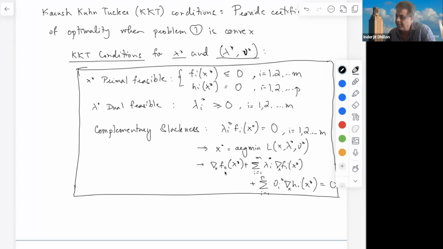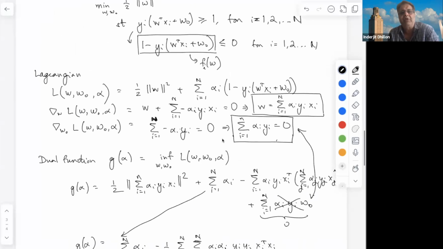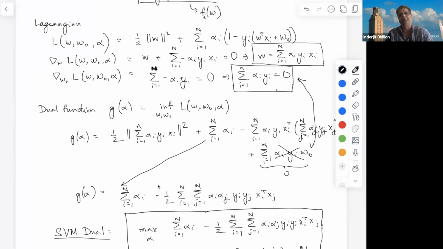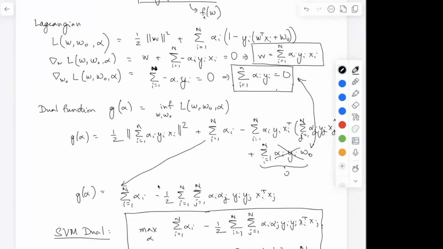So that's what I did over here. I took the gradient with respect to w and I set it to 0. And then I get w in this form. So this way I'm eliminating the w and w naught from the dual function, which is what I need to do. And that's how I get a function just in terms of the alphas. All right, that makes sense. Thank you.